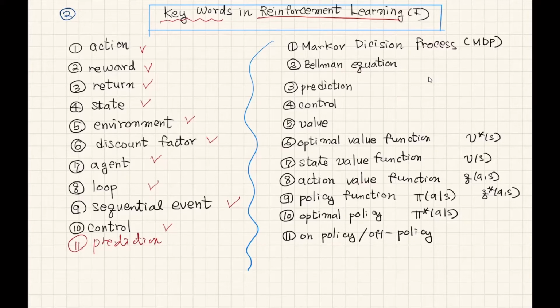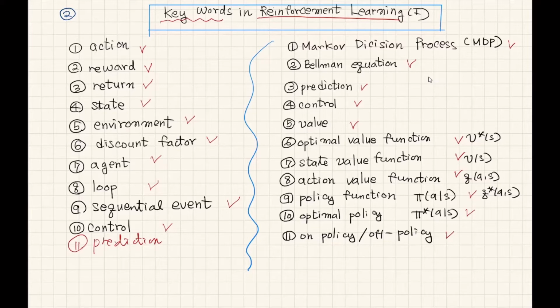and Markov decision process, Bellman equation, or here it comes back again, prediction, control, value, and then optimal value function, state value function, action value function, policy function, optimal policy, on-policy, and off-policy.